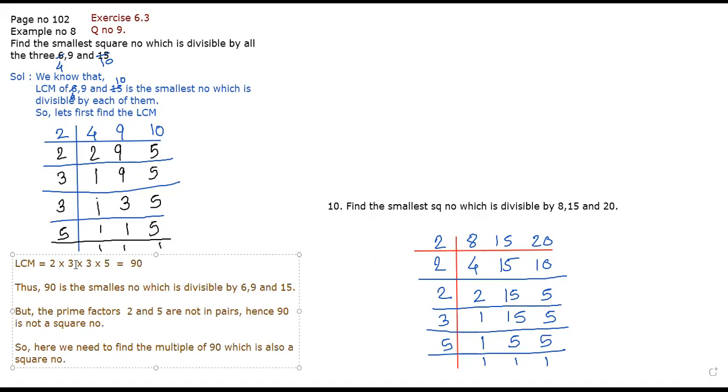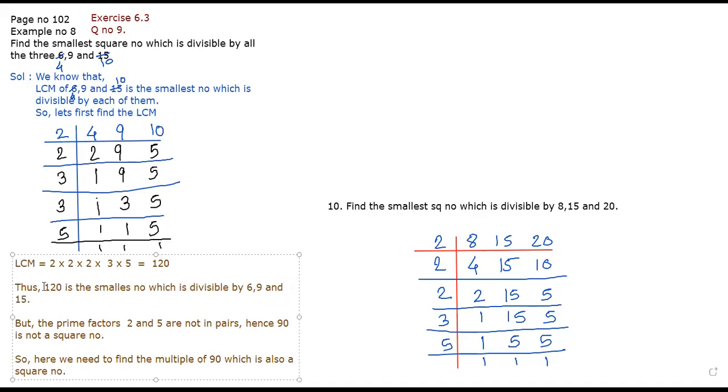So LCM is equal to 2 into 2 into 2 into 3 into 5, which is 120. So 120 is the smallest number which is divisible by 8, 15 and 20.